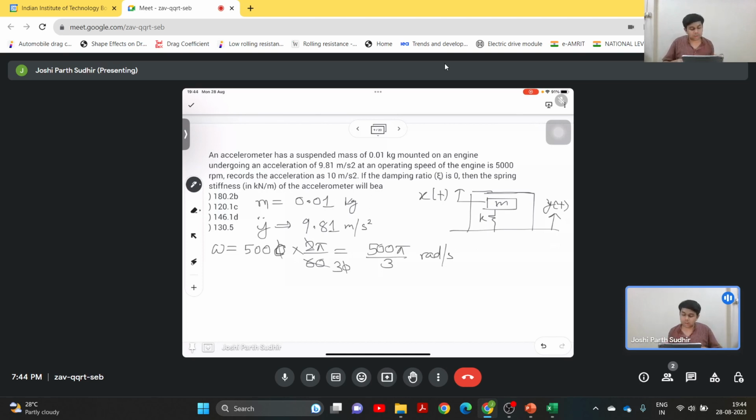It is given that it records an acceleration of 10 meter per second square.